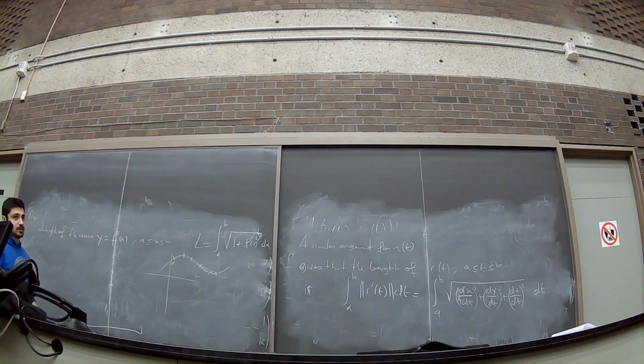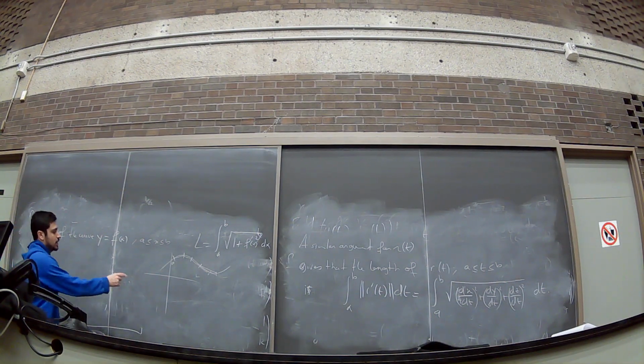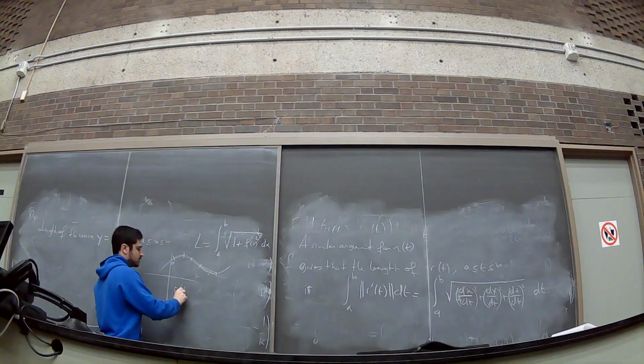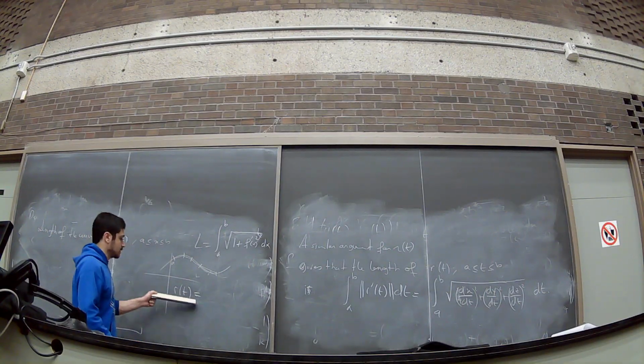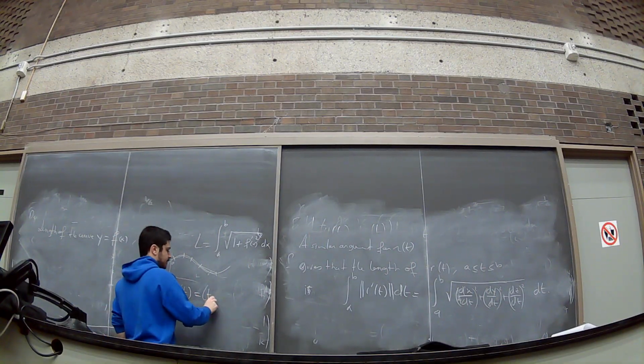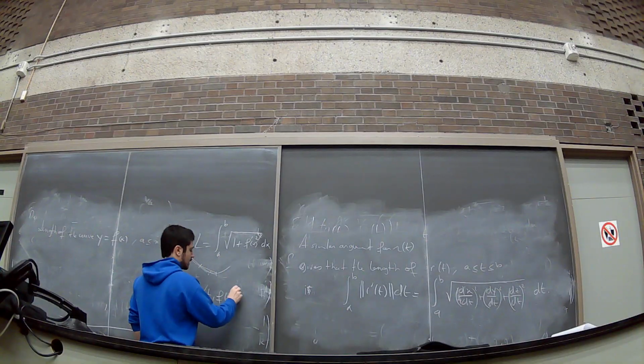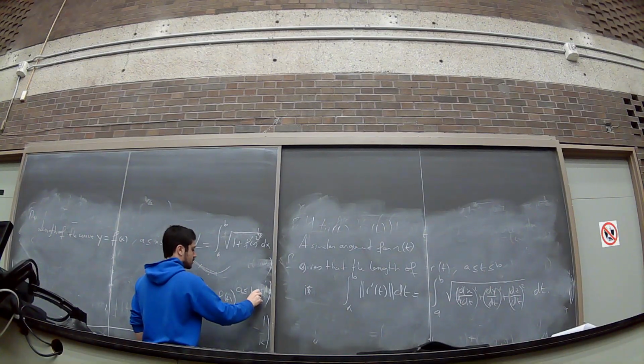Let's try to recover the result here. How can I parameterize my curve? I can parameterize my curve by r of t equals t, f of t, with t between a and b.